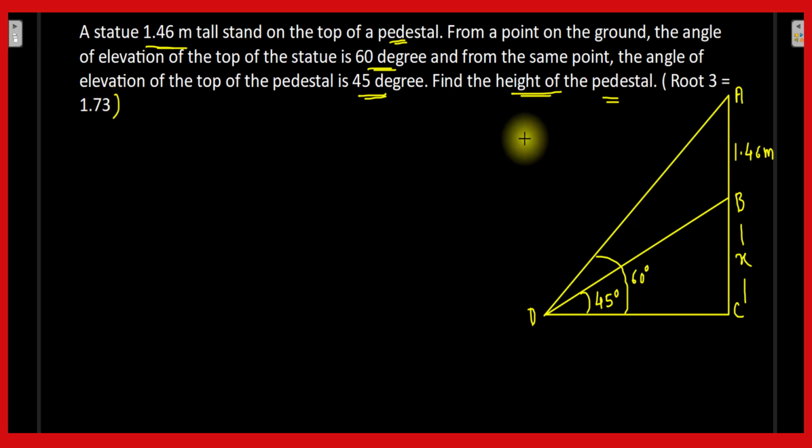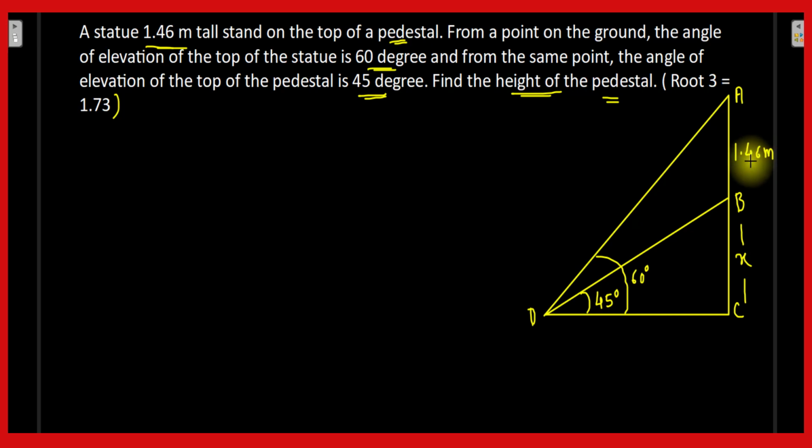Friends, it is said that a statue 1.46 meter tall stands on the top of a pedestal. BC is a pedestal and on the top of the pedestal AB is a statue whose height is given as 1.46 meter.